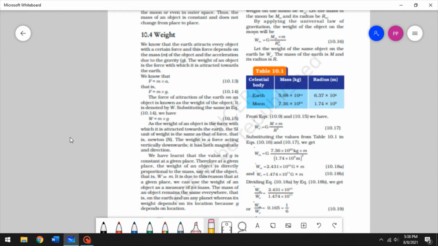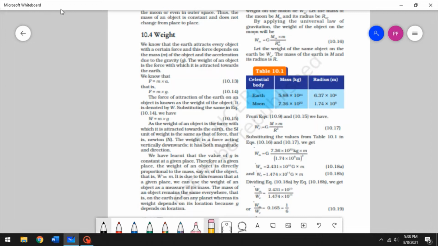As the weight of an object is the force with which it is attracted towards the earth, the SI unit of weight is the same as that of force, which is Newton, because we're essentially measuring how much force is being acted upon an object.